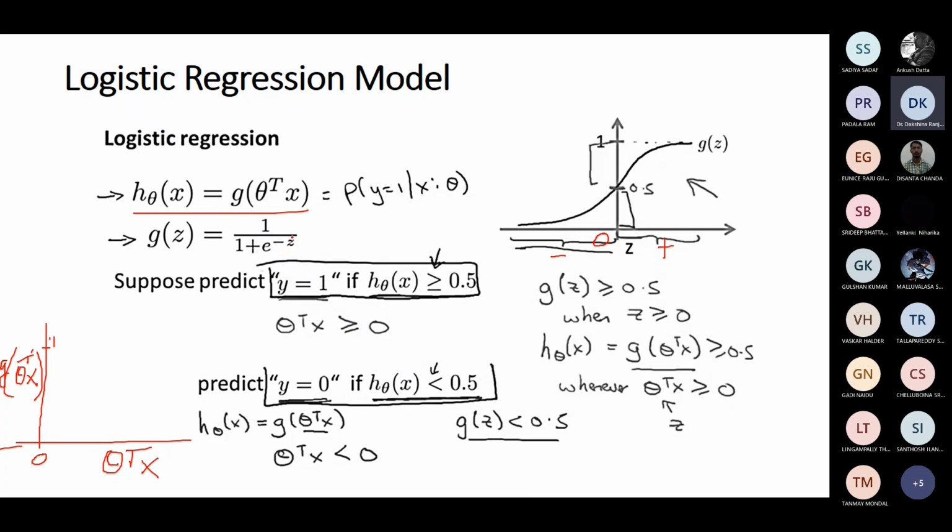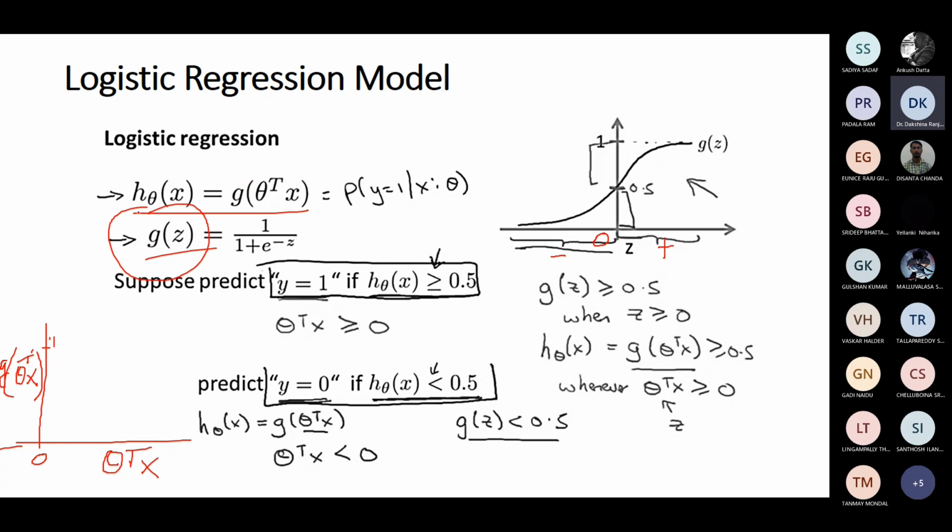What is z? z equals theta transpose x. If we plug this value theta transpose x into this logistic function, we get the value of g(z), that means g of theta transpose x. This g(z) or g of theta transpose x is nothing but the logistic function or sigmoid function.